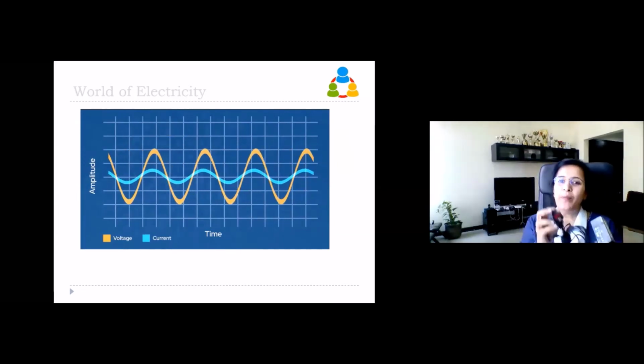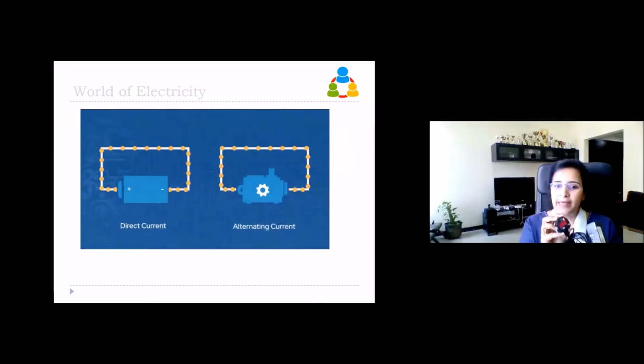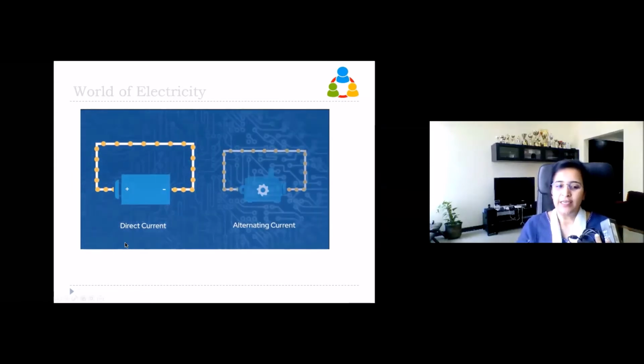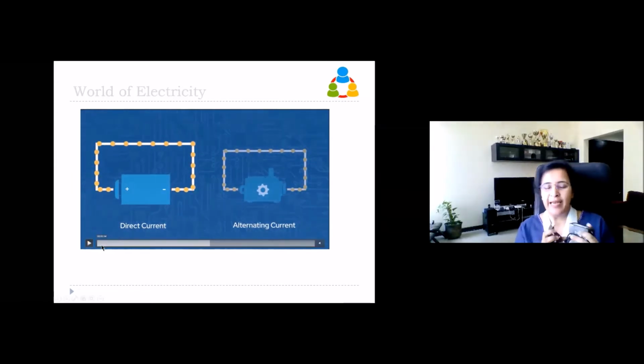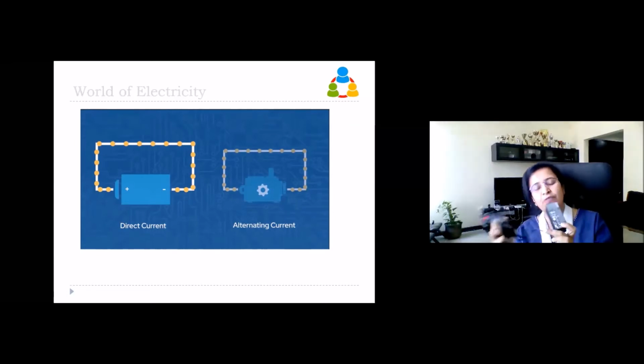When I plug into my socket outlet, it gets an AC current, but my laptop cannot take alternating current. So the computer or mobile manufacturer gives an adapter like this. What does this adapter do? It converts whatever AC it is getting from your electricity board into DC, and gives it to charge your computer or your mobile phone.